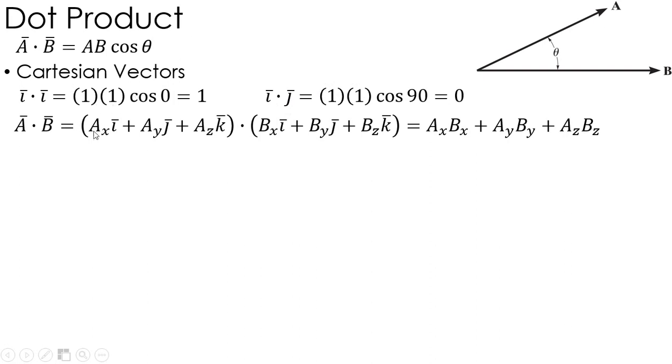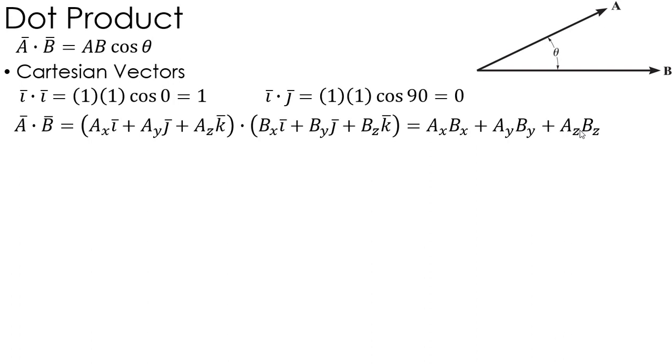All I'm left with is the like terms, which is Ax i dot Bx i, Ay j dot By j, and Az k dot Bz k. And really all I'm left with is AxBx plus AyBy plus AzBz. So it's essentially multiplying the like terms and summing them up. That's how I do a dot product. And again, remember that I just get a scalar magnitude quantity when doing this.